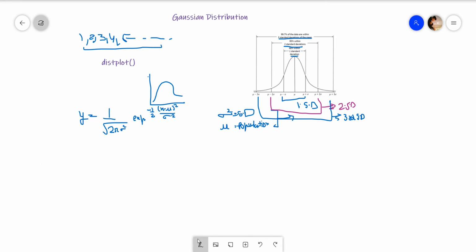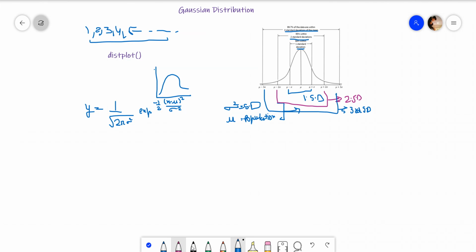After finding the values of nu and sigma, we can find our first range, the range covered by our first standard deviation. So nu plus sigma and nu minus sigma will show us the range of the first standard deviation.